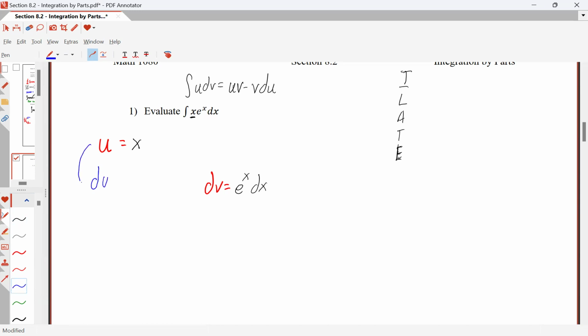We take the derivative of u, and we integrate dv, getting du is equal to dx, and the integral of e to the x is e to the x.